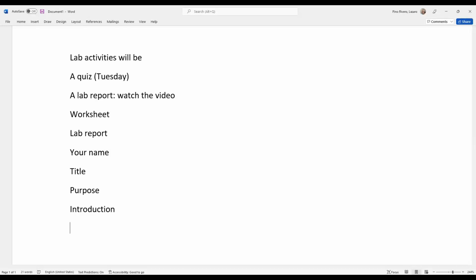Later, you will have the procedure. What is a procedure? Well, the procedure is to write, for example, number 1, take a pencil and measure the length using a ruler in centimeters.